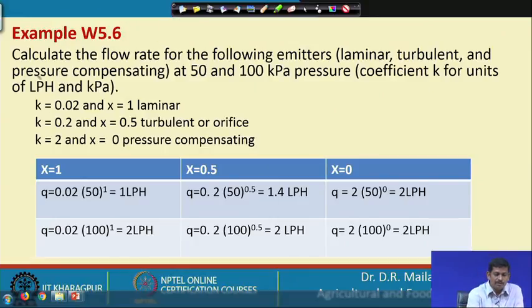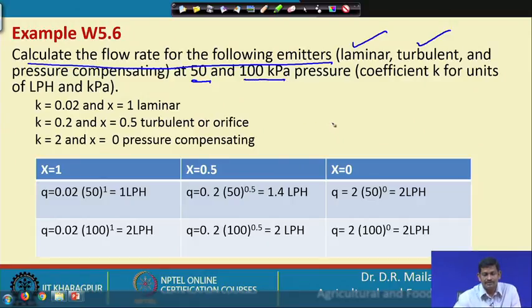Now in this problem, calculate the flow rate for the following emitters. We have 3 emitters: laminar flow, turbulent flow and pressure compensating emitters, at 50 and 100 kilopascal pressure. The coefficient K is for units of liter per hour and kilopascal. Here the K values are given.